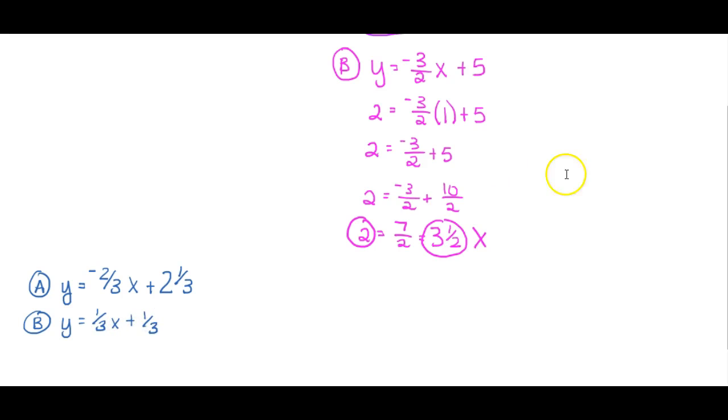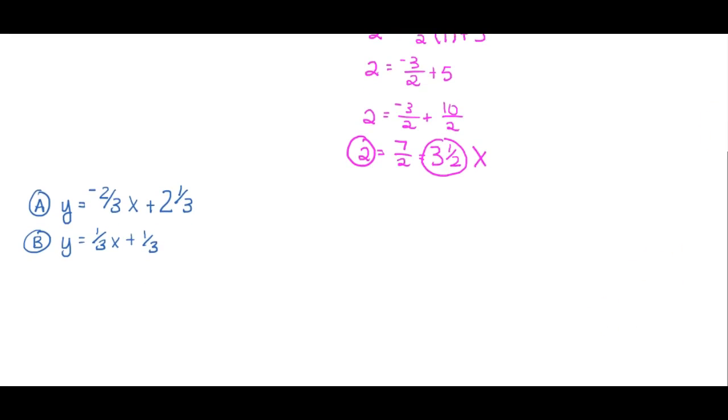I know these are some really not so nice things that I'm throwing at you. So if we say, what's the solution? And someone says that our solution is at 2, 2, or they've graphed it and this is where those lines cross.